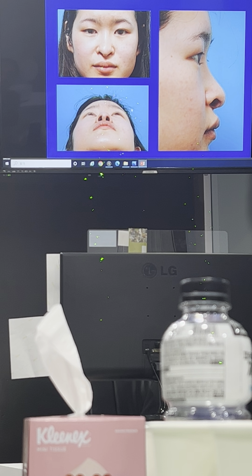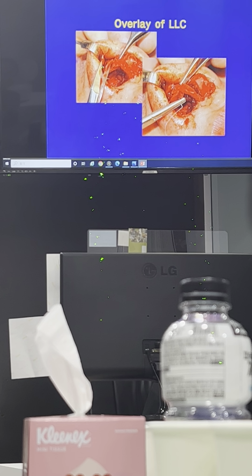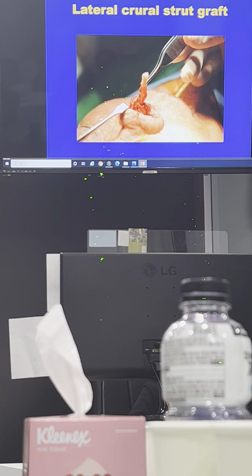So we will correct the alar retraction here. I cut the lower lateral cartilage and over it. Also I apply the lateral crural strut graft.